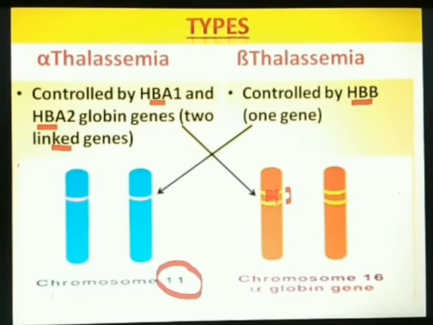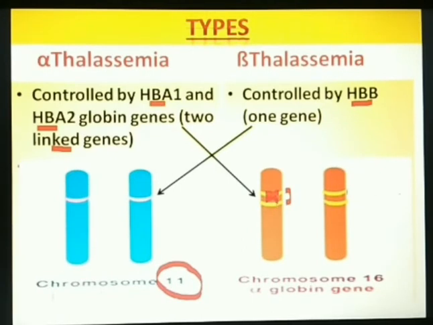Altogether there are 4 alleles present here, since there are 2 genes. If there is a deletion or mutation of one or more of these 4 alleles, it will lead to a reduced rate of alpha globin chain in the hemoglobin. Therefore, there will be less globin synthesis.